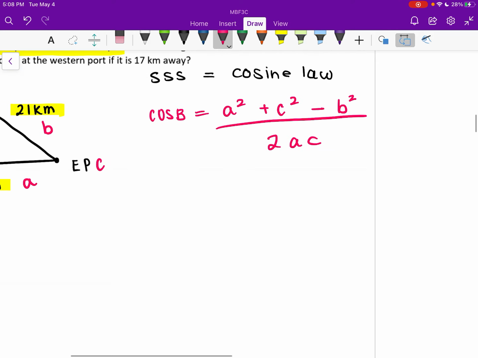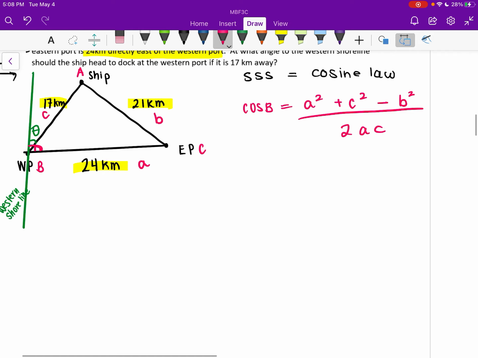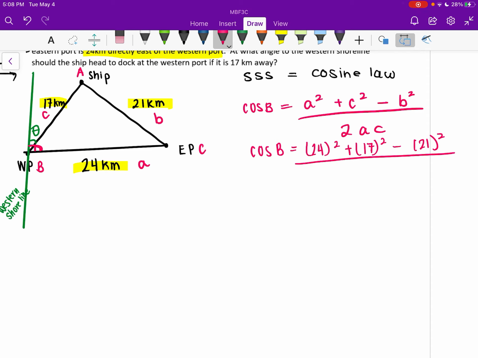So I'm just going to go in and put my values in. So I know that angle A, the opposite is going to be side A, which I know is 24, squared plus side C is going to be 17, squared minus side B is 21, squared divided by 2 times 24 times 17.